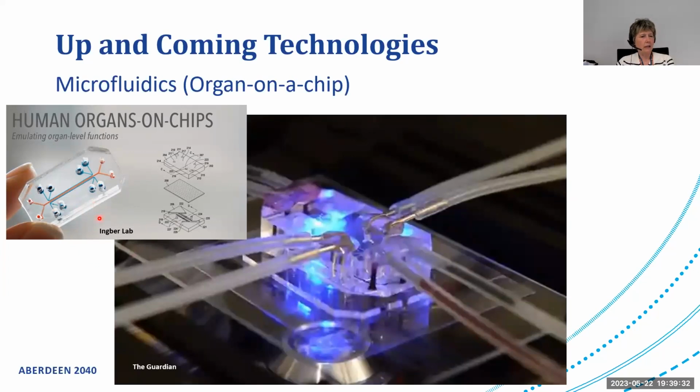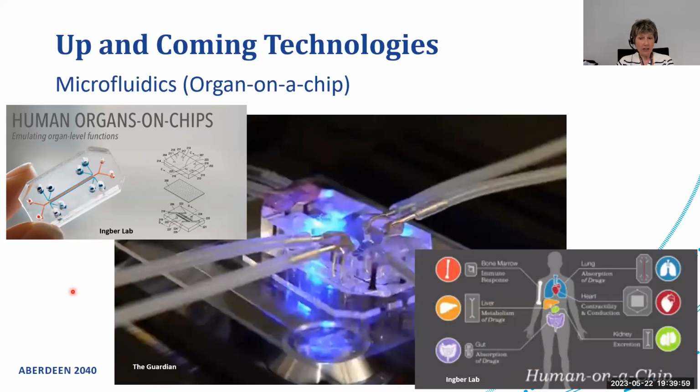So Don Ingber, I guess, has really been driving the development of these human organs on a chip models. And what this involves is a small chip, which is about the size of a microscope slide, and it has these various channels, and you can add different cell types or tissue types to these channels, which are interconnected, and the cells can communicate with each other.